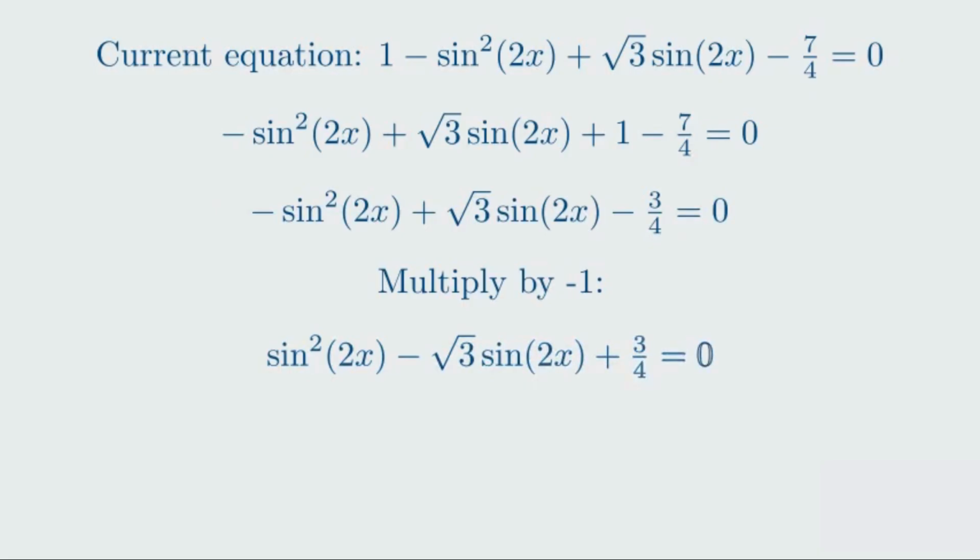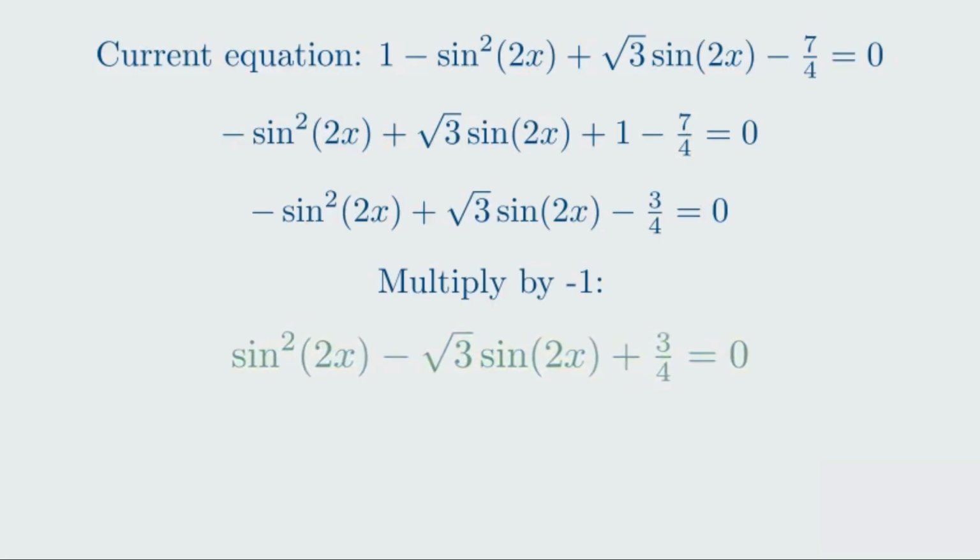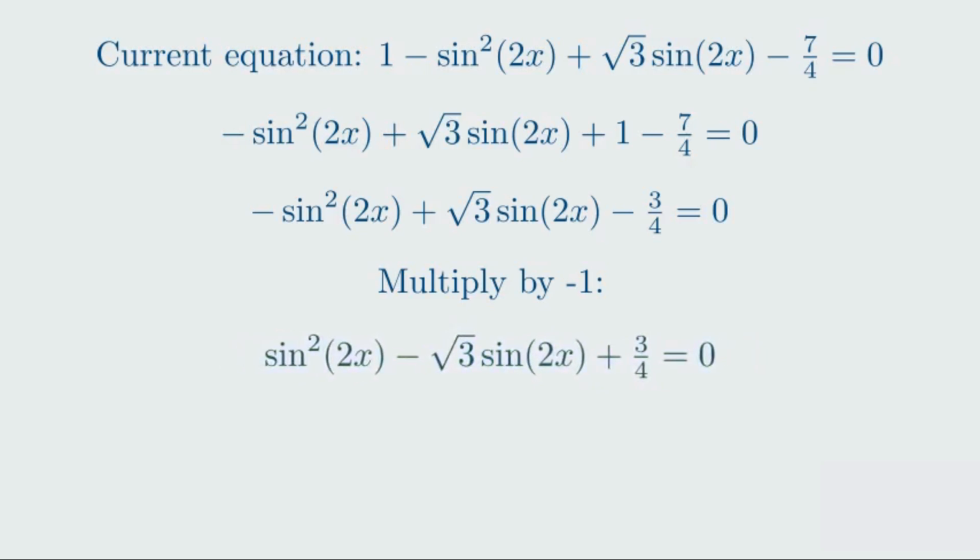This simplified equation, sine squared of 2x minus square root of 3 sine of 2x plus 3/4 equals 0, is a quadratic equation where the variable is actually sine of 2x. This transformation into a quadratic form is a powerful technique. It shows that by using an identity and some algebra, we can turn a complicated trig equation into something more familiar and solvable.